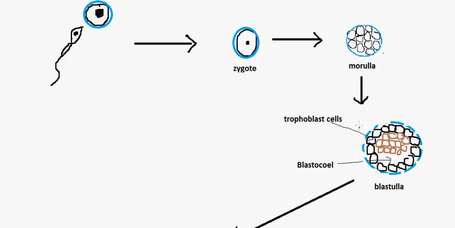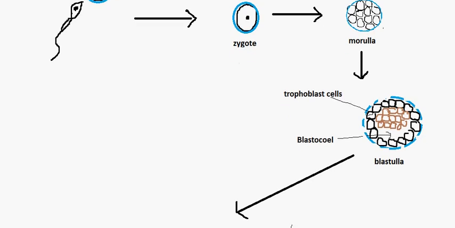Now in this blastula we see that the cells start coming closer to each other in a process called compaction, and they move towards one side, leaving a cavity which contains a fluid. This cavity is called the blastocele. It will develop and later form the yolk sac in any embryo, and it will store the nutrients, as we know.